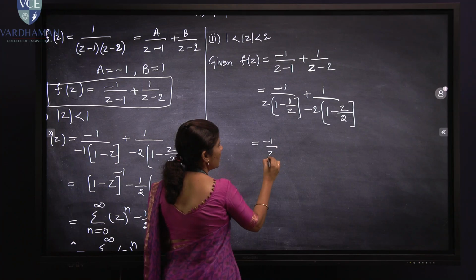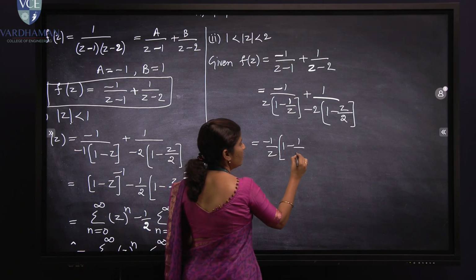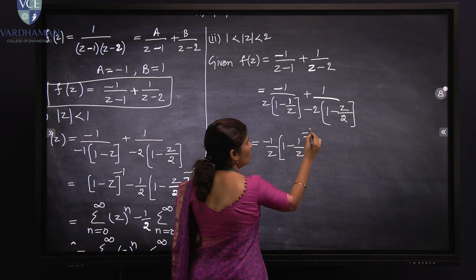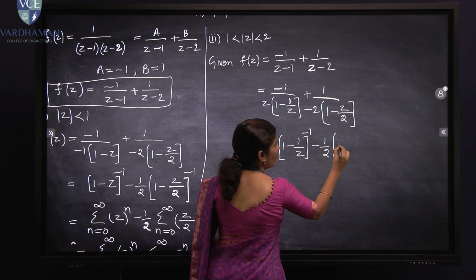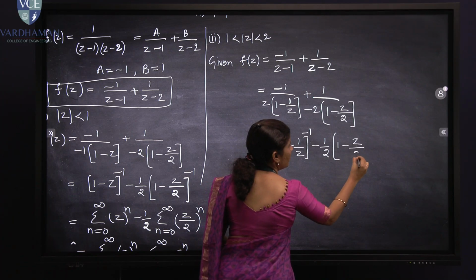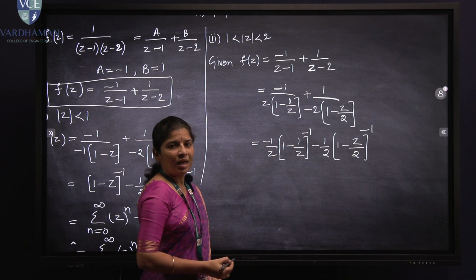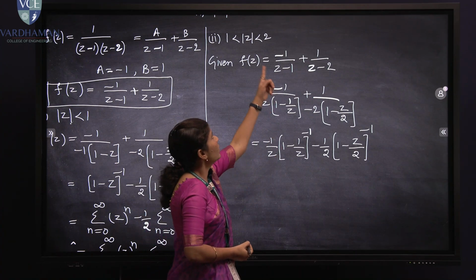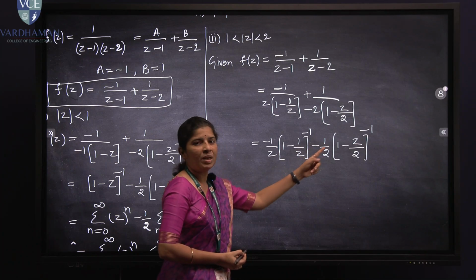Minus 1 by z I write as it is, and taking this term into the numerator we get (1 minus 1 by z) whole inverse, plus into minus, minus 1 upon 2 (1 minus z by 2) whole inverse, and this is the Laurent series in the form of z, and we know this series is in the form of a binomial expansion.